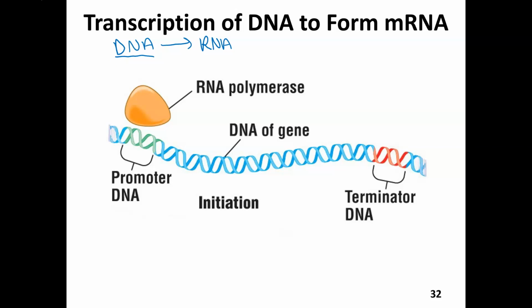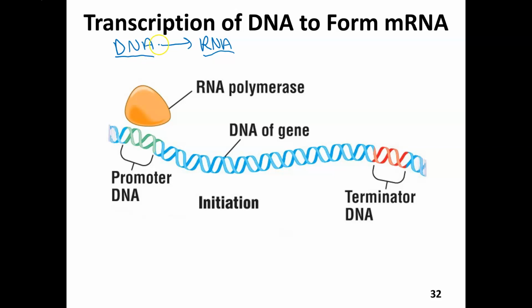I can't tell you why we can't read DNA. All I know is that our cells don't use DNA to produce the proteins directly. They have to convert it to RNA. So RNA is the language that our cells use. This is a language that our cells can read.